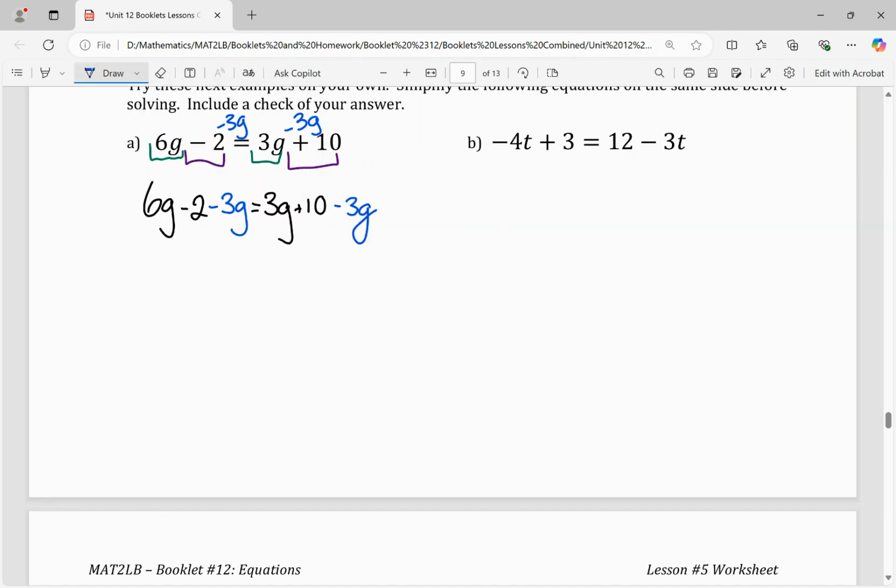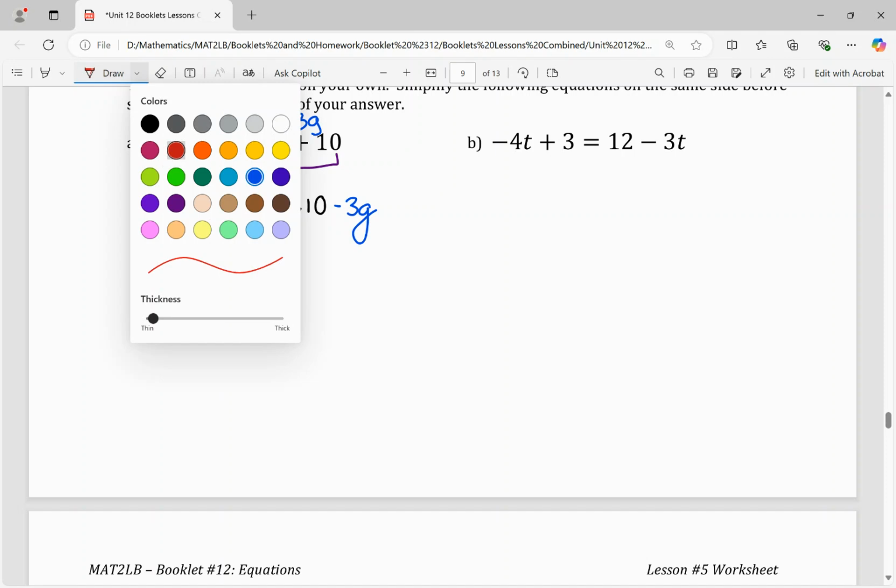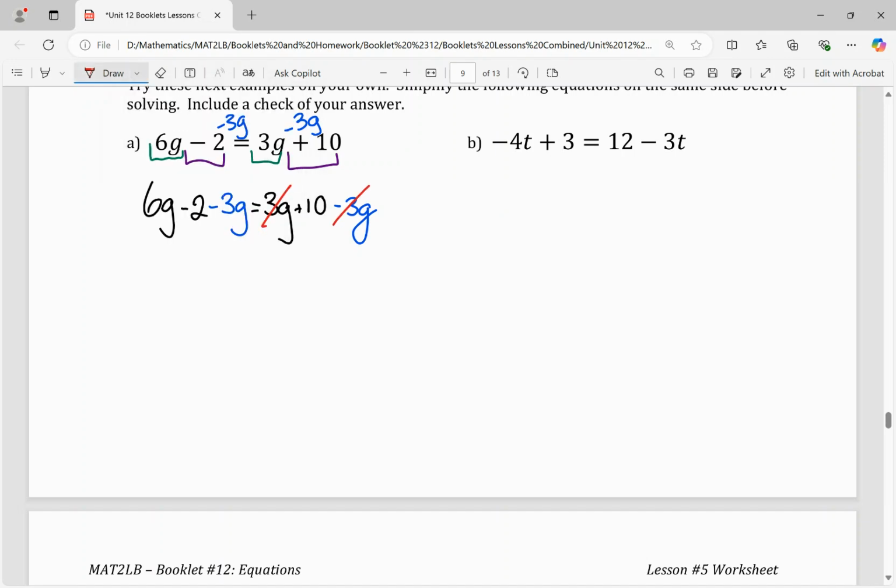But what you need to understand is that these two terms are going to cancel out. Okay? 3g minus 3g is 0, so those are going to go away, and that's going to leave me with 6g minus 2 minus 3g is equal to 10.